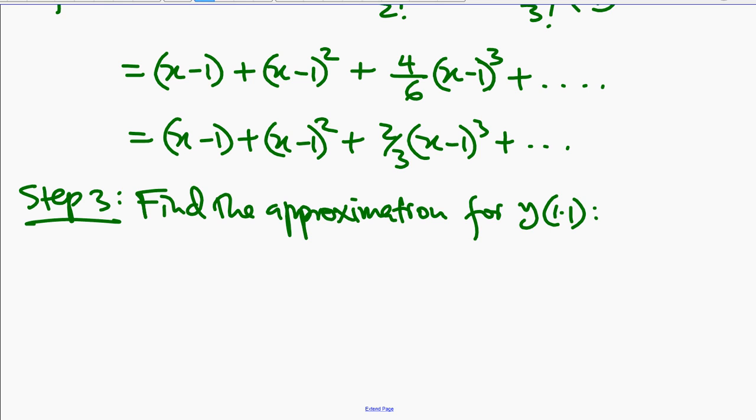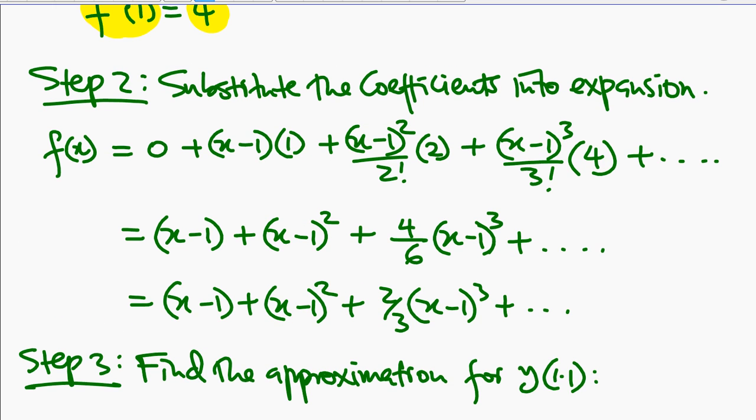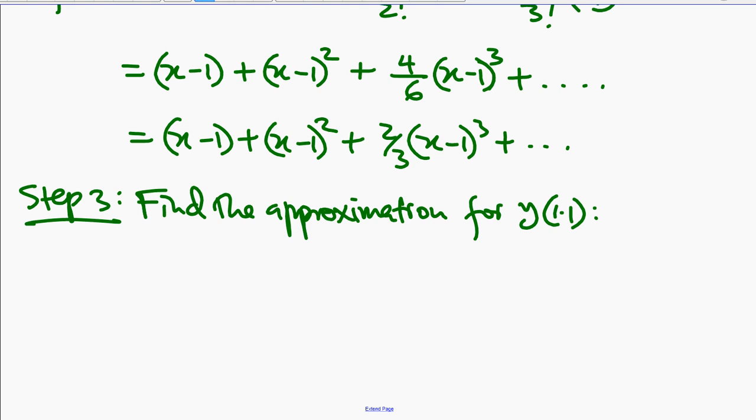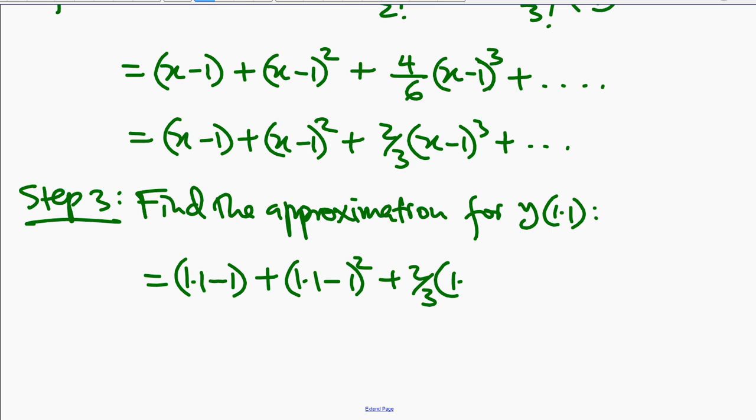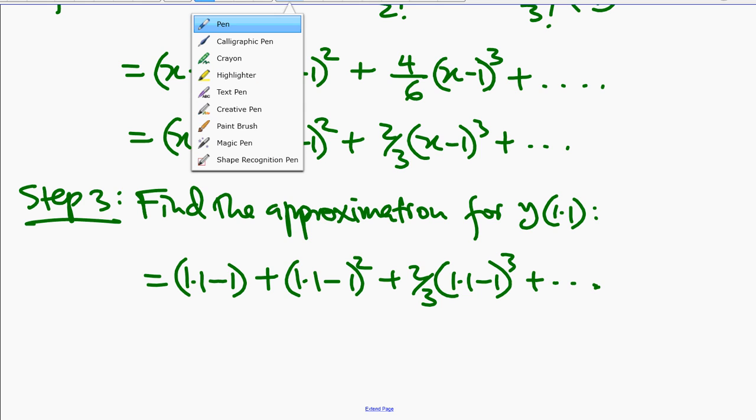Okay. So what I'm going to do is to plug 1.1 in place of x. So this will be equal to 1.1 minus 1 plus 1.1 minus 1 squared plus 2 over 3 into 1.1 minus 1 cubed plus whatever comes next.